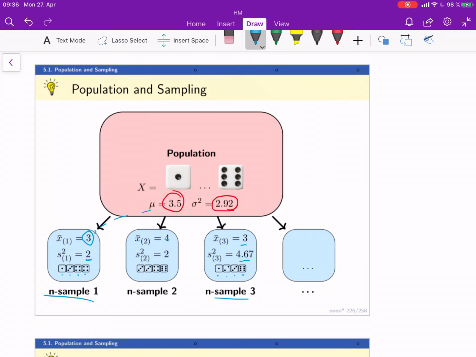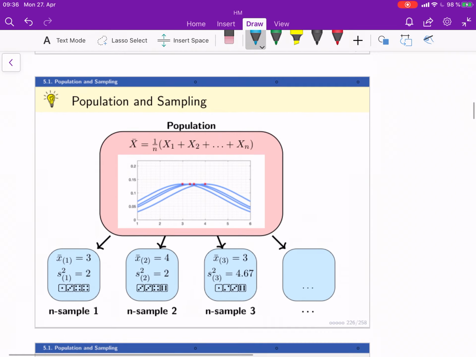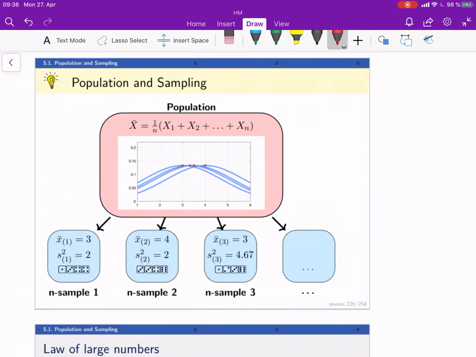All these different samples have different values, and if we plot that graphically, each of these mean values I plot here. So this is x bar 1, for example. I've got those different ones. That might be x bar 3. So the mean values of each sample are at slightly different points. The true value might be here.